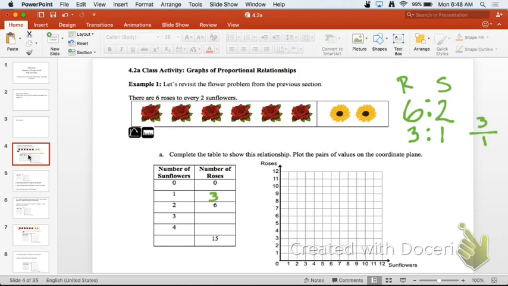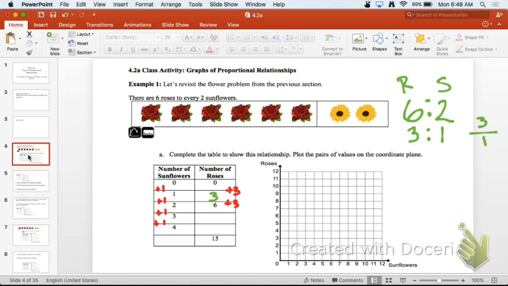And then it already has the 2 sunflowers to 6 roses. As I'm looking through this, I look for other patterns. I see that in the column of sunflowers, it's increasing by 1 each time. When I look at my number of roses, I see that it's increasing by 3 each time.